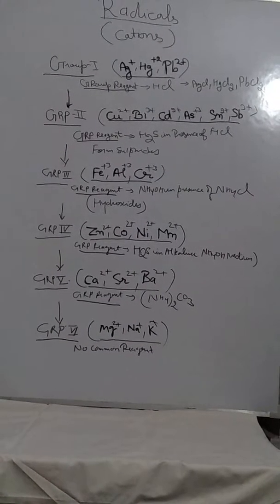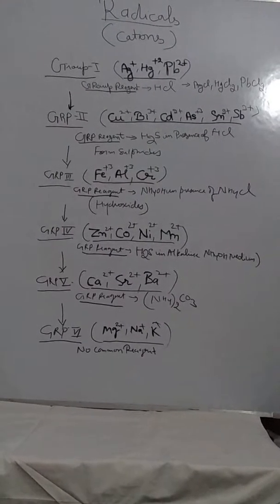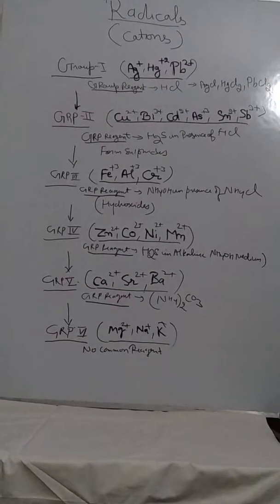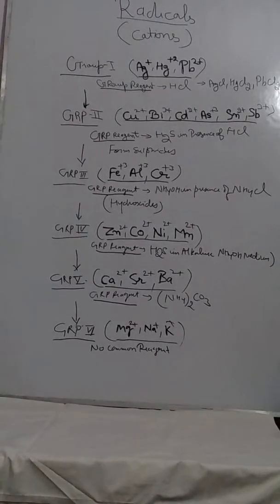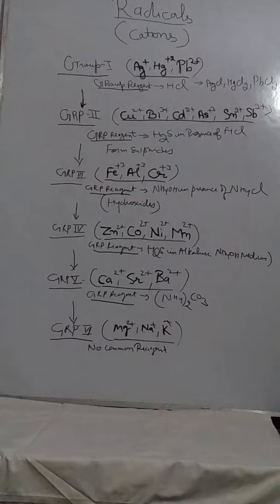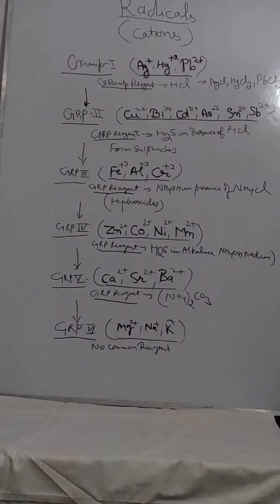The solvents can be water, concentrated HCl, dilute HCl, and if all these three don't work, then we have to go for aqua regia. But generally we have to complete this in a range of water and HCl.